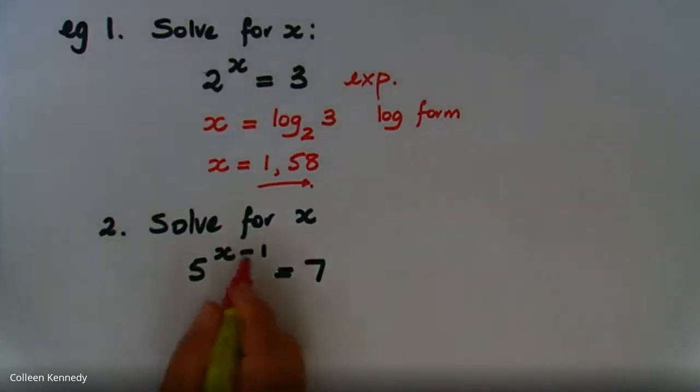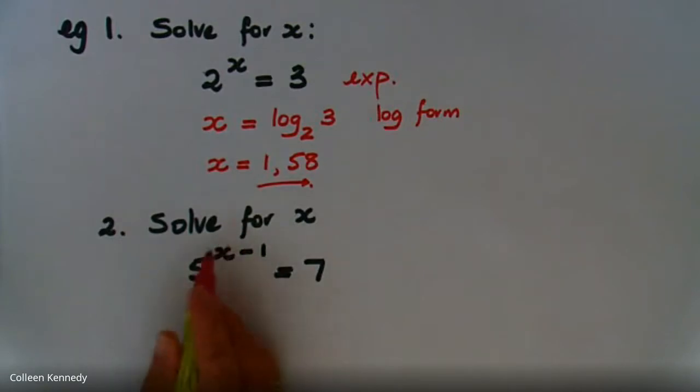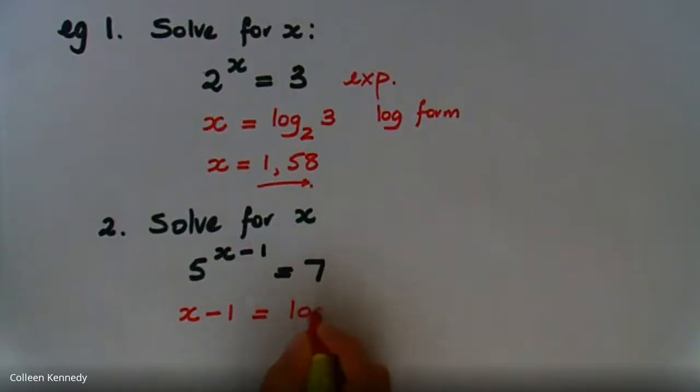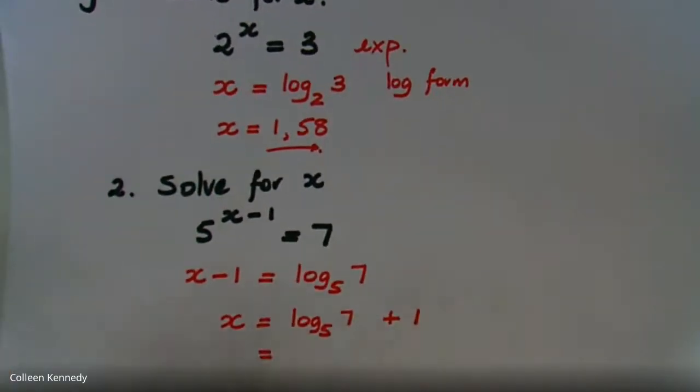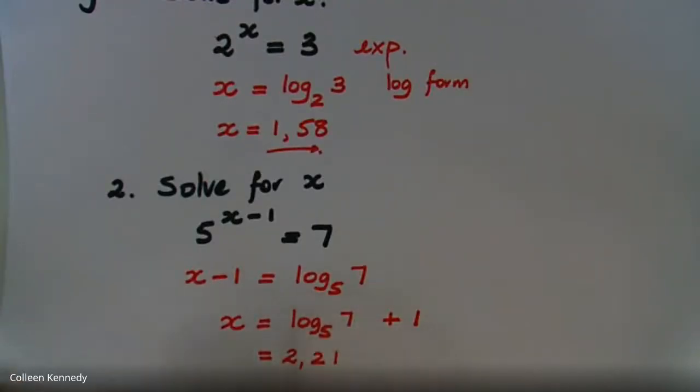So you put it into log form. You take your exponent, and it's log to the base 5 of 7. And then you add 1 to both sides. So it's log to the base 5 of 7 plus 1. And the answer for that, I have no idea what the answer is. What is it? 2,21.